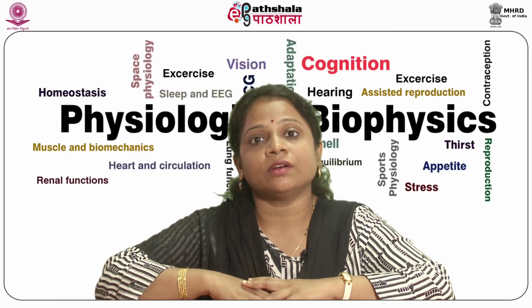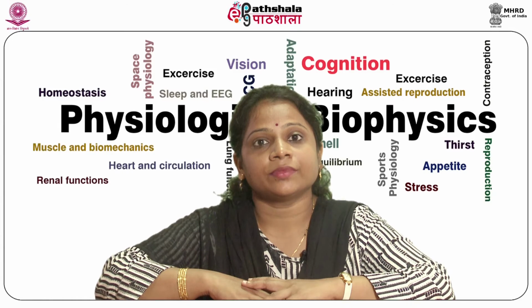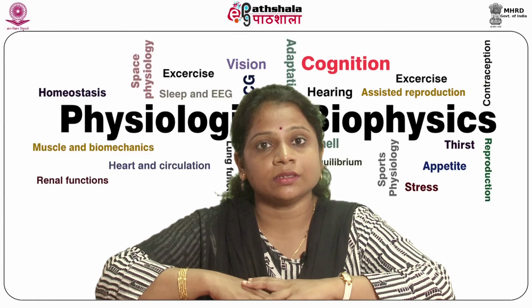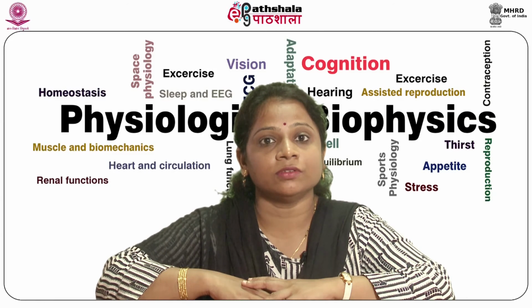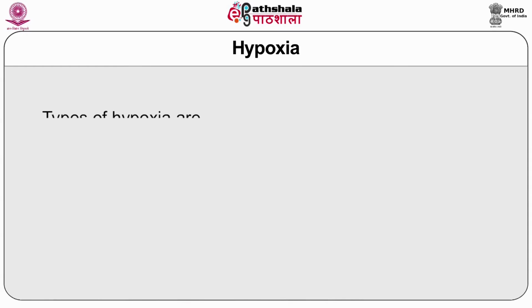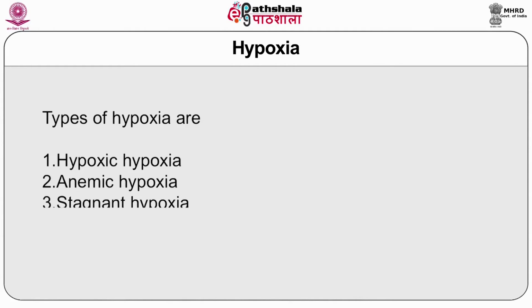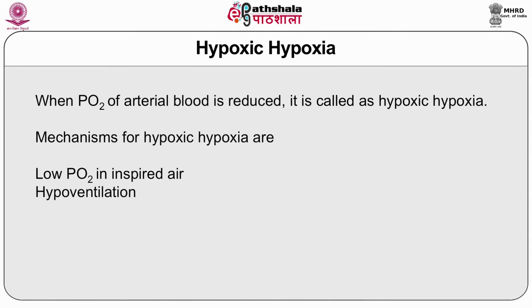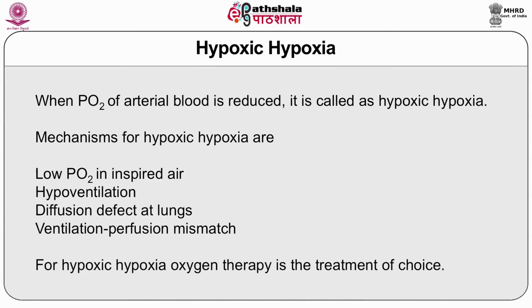Hypoxia is deficiency of oxygen at the tissue level. It could be due to inadequate supply of oxygen to the tissues or inability of the tissues to utilize available oxygen. There are various types of hypoxia: first is hypoxic hypoxia, second is anemic hypoxia, third is stagnant hypoxia, and fourth is histotoxic hypoxia. Hypoxic hypoxia: when PO2 of arterial blood is reduced, it is called hypoxic hypoxia.